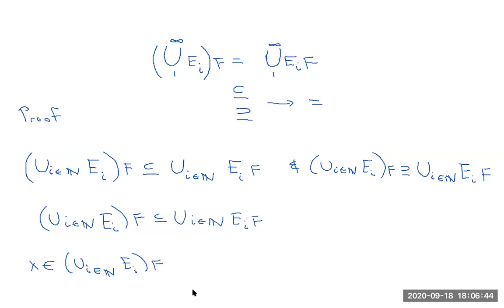So what's going to happen if we do have a member of the set? We want to show some properties. By doing that, we're going to show that x is an element of the union over i, where i is an element of the natural numbers, of E_i, and x is an element of F. So why is this true?